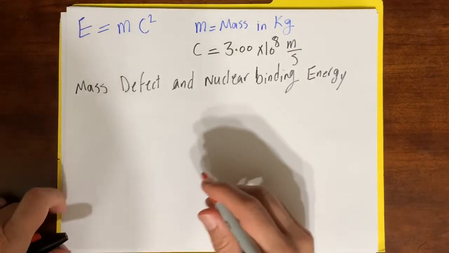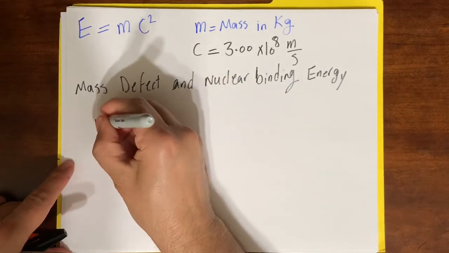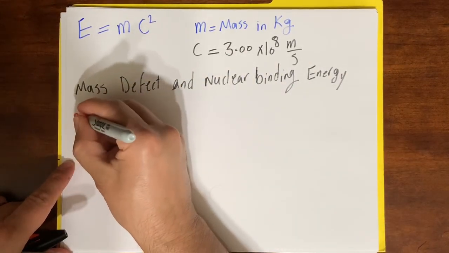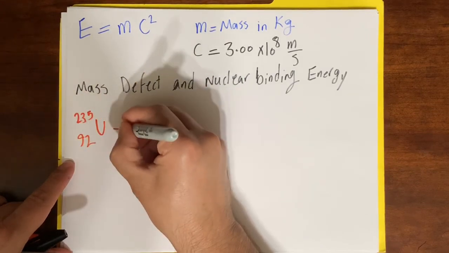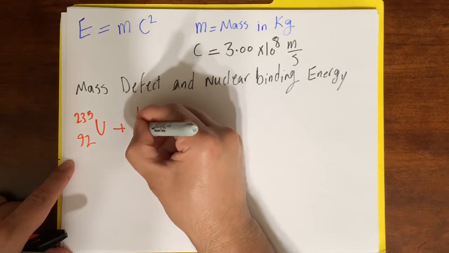So let's go with uranium-235, 92, plus 1 neutron.